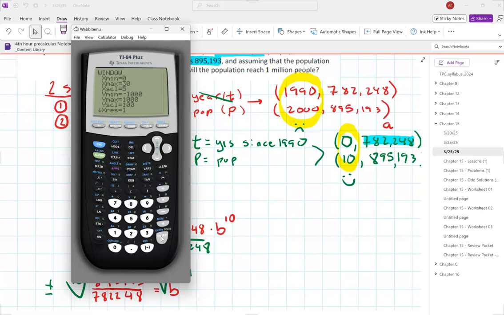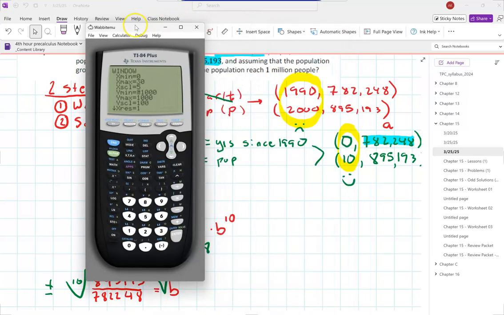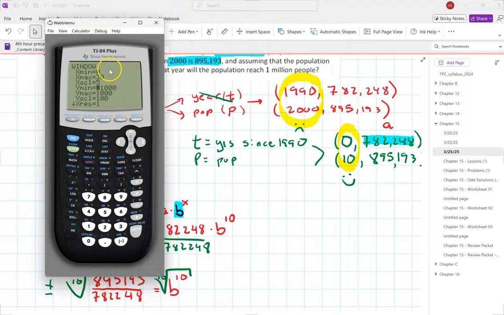I'd rather overshoot it than undershoot it, because I don't want to have to go back in and monkey around with the window. And then let's think about the y values. The y's are the population, right? The smallest my population's ever going to be is here at year 0 at 782. I'm not typing all those specific numbers in there. I'll just round down to a relatively even number like 750.